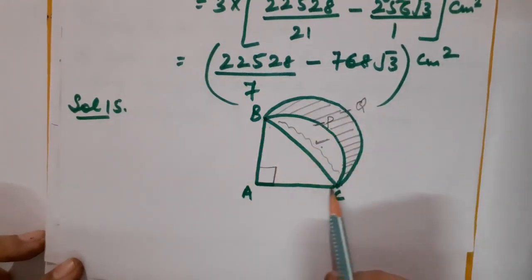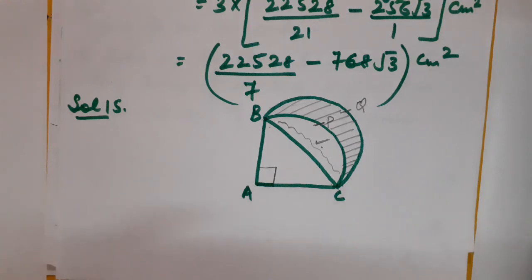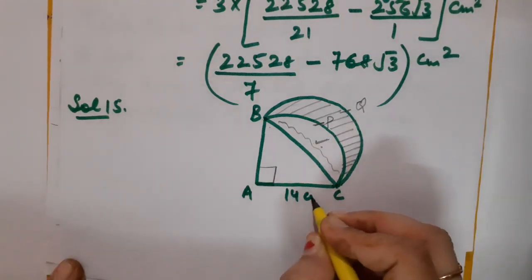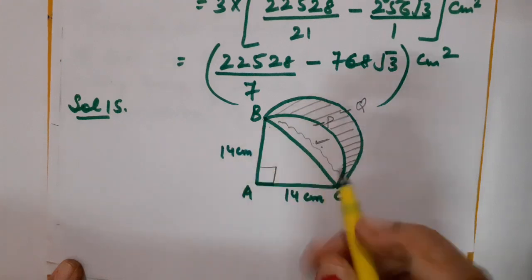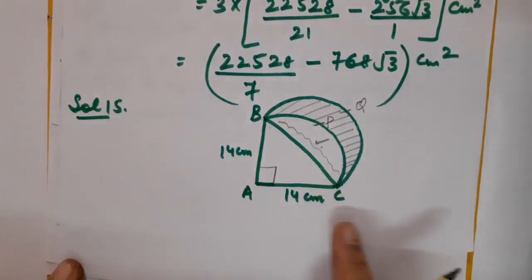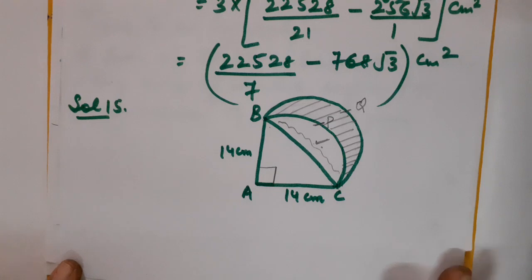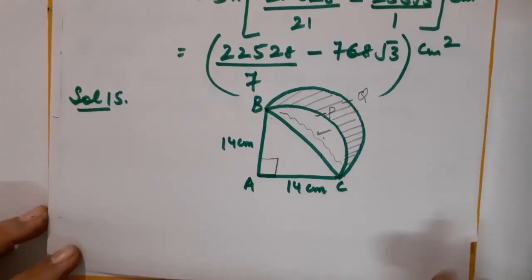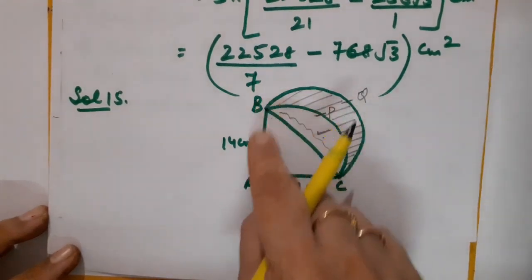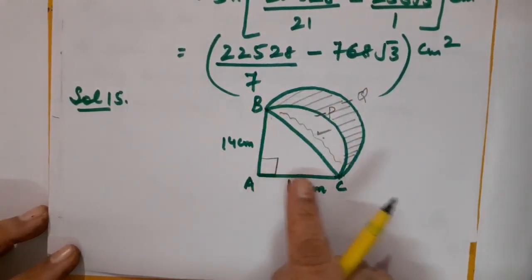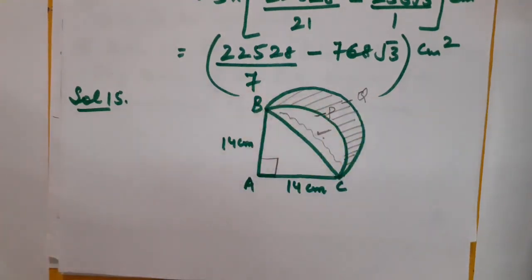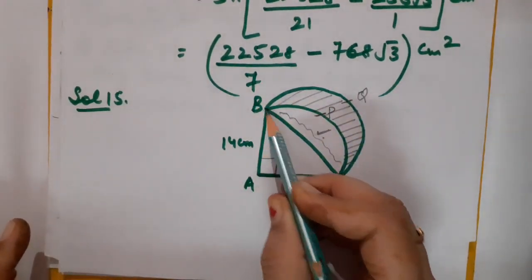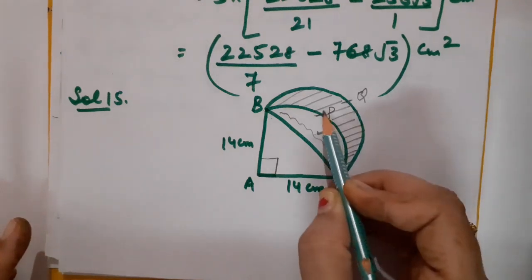Here you can see that this is a circle of radius 14 centimeter. This is nothing but the quadrant of a circle of radius 14 centimeter. This is given to us. And we know that the angle is of 90 degree, or you can use the formula of quadrant also, that is pi r square by 4. That depends on you. So let us first calculate the area of this sector, that is BACPB.